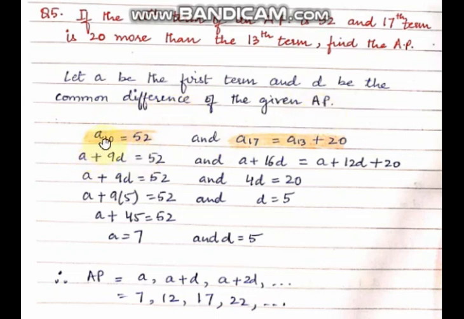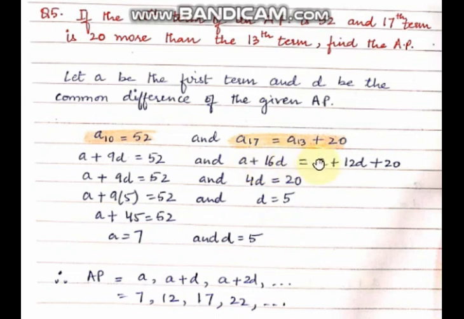Now straight away, A10 can be written as A plus 9 jumps, first term plus 9 jumps, okay? And similarly, A17 is A plus 16D. To get the 17th term we need 16 jumps, and A13 is A plus 12D plus 20, of course. So we'll be simplifying both the equations.